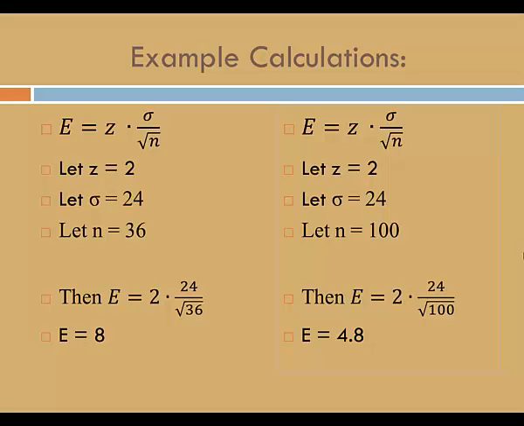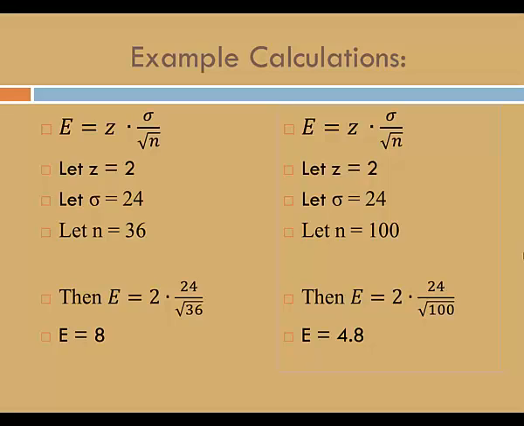The square root of 100 is 10. 24 divided by 10 is 2.4, and 2 times 2.4 is 4.8. So our sample size increased from 36 to 100, and the margin of error decreased from 8 to 4.8.